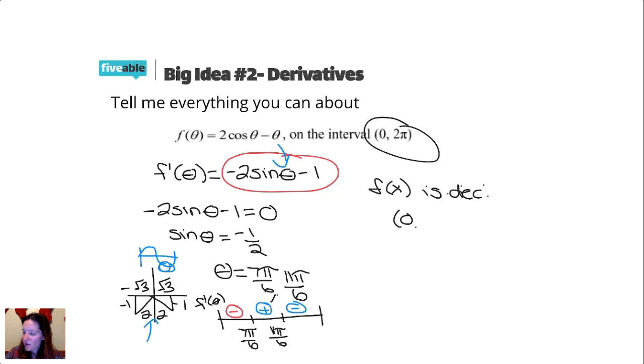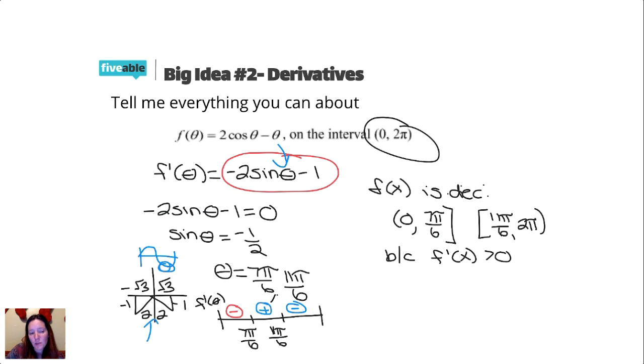And then it stays decreasing to 7 pi over 6. We can include that one. And then it also decreases from 11 pi over 6 to 2 pi. And we can say that is because f prime of x is greater than 0.